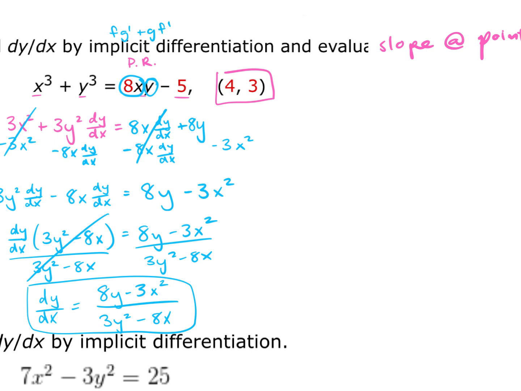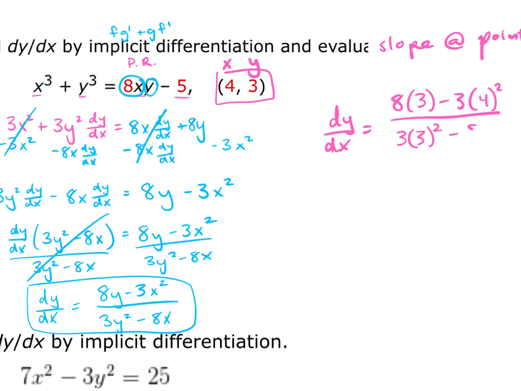Plug it in. I'm going to plug in 4 into the x and 3 into the y. So dy dx is equal to 8 times 3 minus 3 times 4 squared over 3 times 3 squared minus 8 times 4.